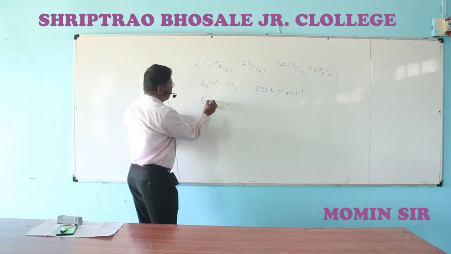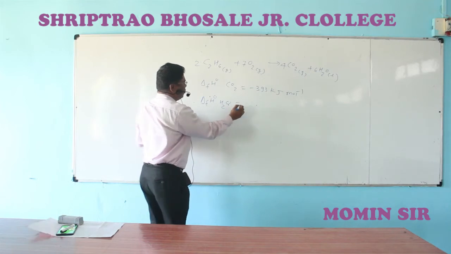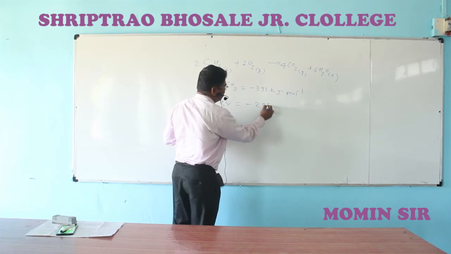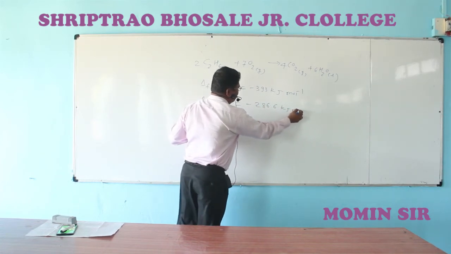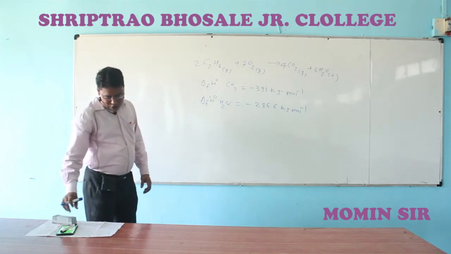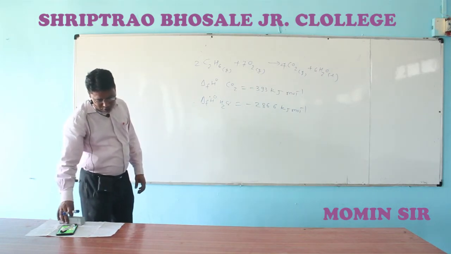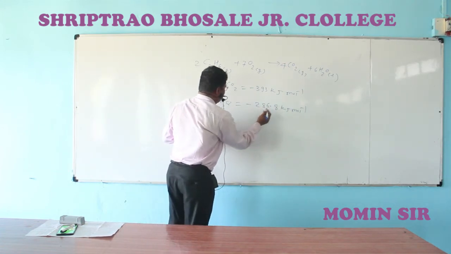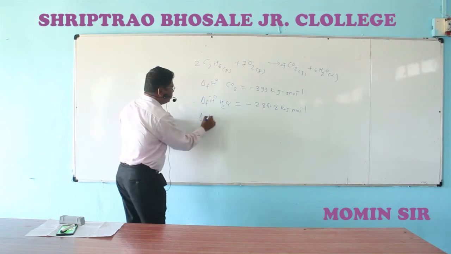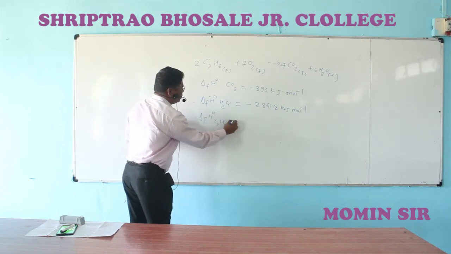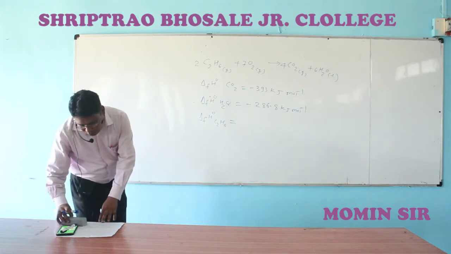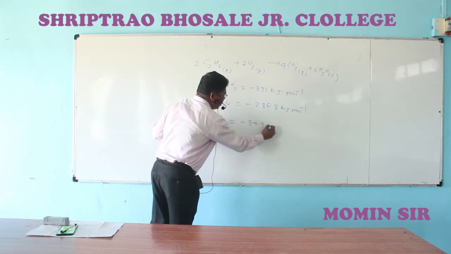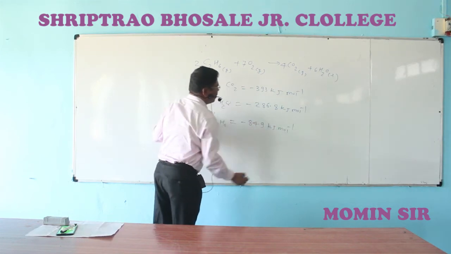Standard enthalpy of formation of water is equal to minus 286.6 kilojoule per mole. Standard enthalpy of formation of ethane C2H6 is equal to minus 84.9 kilojoule per mole.